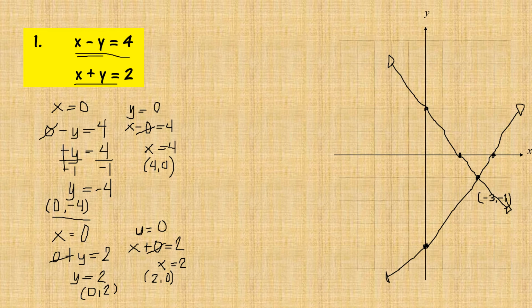The system of equations has one solution and it is called independent or consistent. The point of intersection satisfies both equations. So, yan po is, meron po siyang isang solution. So, ganun lang po kung paano mag-determine kung siya ba ay may isang solution, kung ito ay no solution, and kung ito ba ay infinite solution.